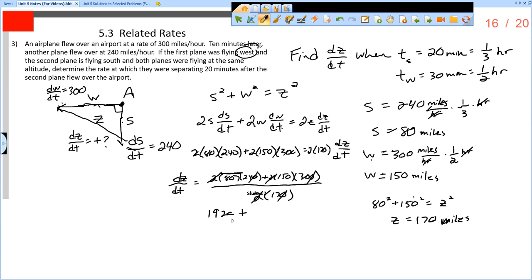plus 150 times 30. So we've got 4,500, and then divided by 17.